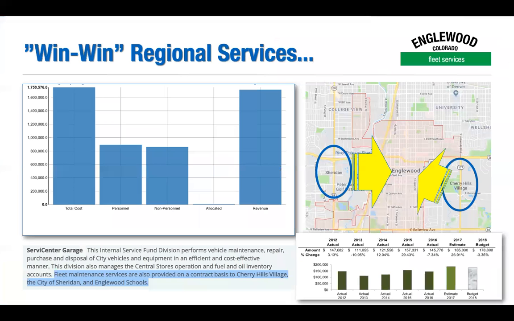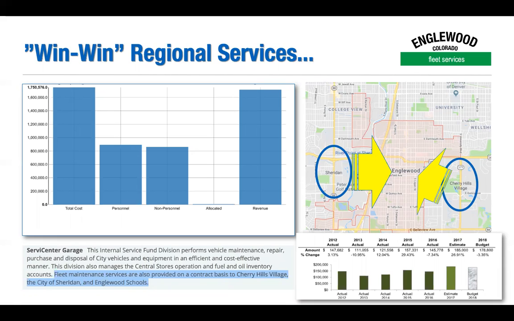The simplest example that you might think of is a city providing an in-sourced opportunity, such as what Englewood did, to smaller neighboring communities to provide fleet services. Englewood looked towards Sheridan over there on the left and Cherry Hills Village on the right, two tiny communities who also had fleet needs, but for them it would have cost them a lot of money to get their garage and shop up to standard.